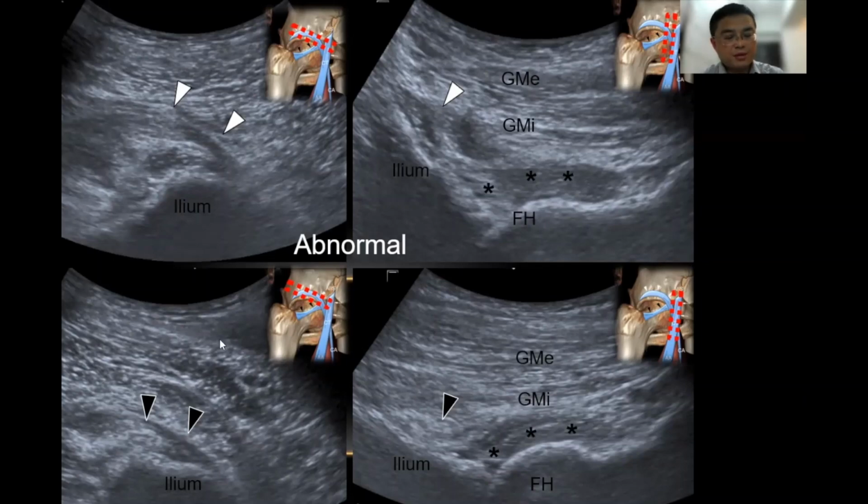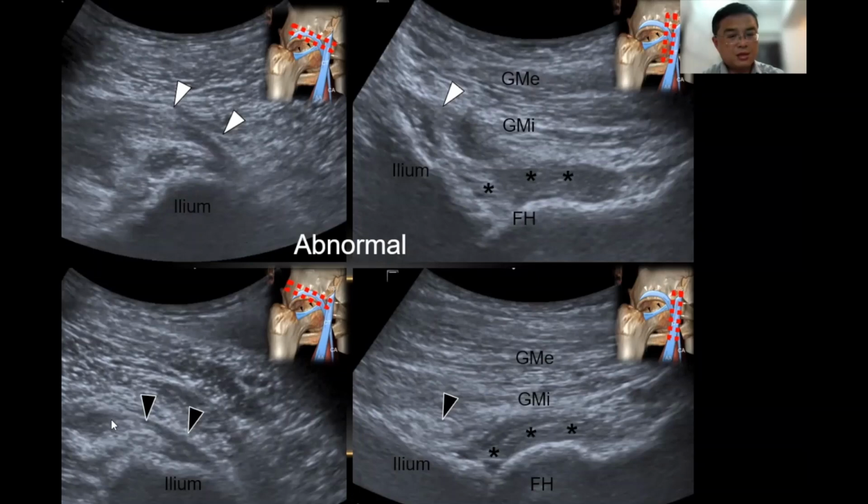And then the one below comes from the contralateral side. So as you can see at the painful side, the tendon is very swollen, and you can also find some perifocal edema. And then compare, this is the normal side.